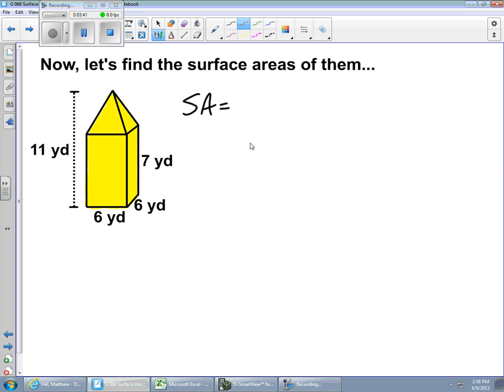So if we wanted to start off with the prism, did we get the entire prism? No, we don't get the entire prism in this case. Now, we've got 2 different formulas: a total surface area formula and a lateral surface area formula. Unfortunately, I don't think this prism fits into either of those. If you only pick the lateral surface area formula, you're not going to get either one of the bases.